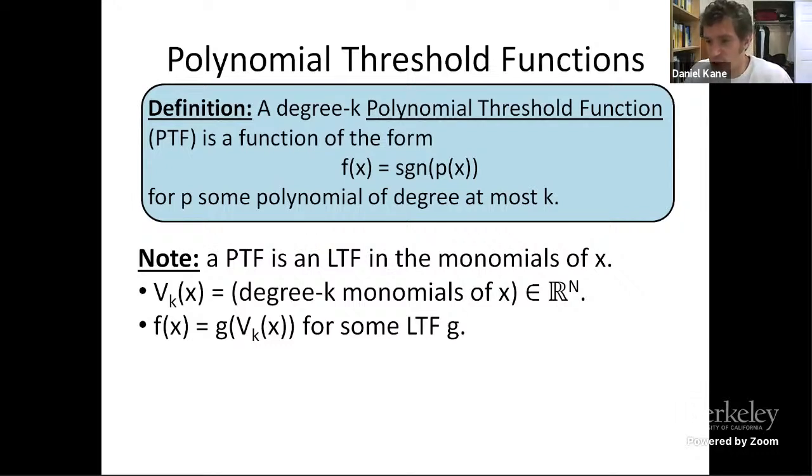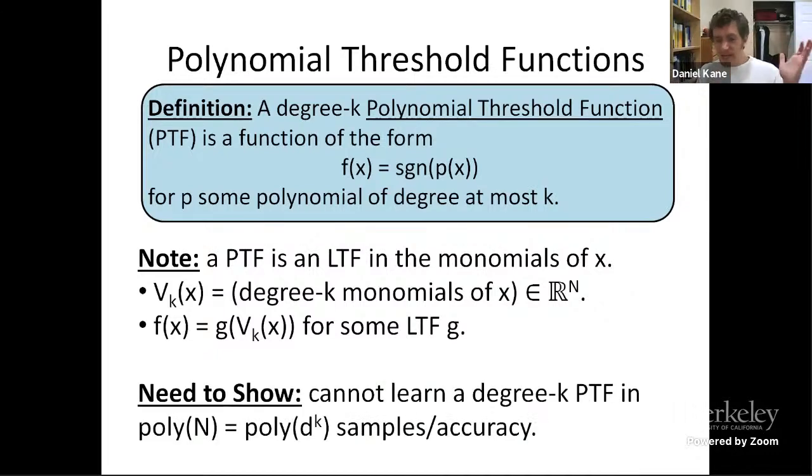And the thing to note is that a polynomial threshold function is just a linear threshold function in the monomials of x. More specifically, if we define v_k of x to be the set of degree k monomials of x in R^n, then f of x is equal to g of v_k of x for some linear threshold function g. And so in particular, if we have some f where it's really hard to learn f, then equivalently there's this linear threshold function g where it's really hard to learn g. So in particular, we need to show that you cannot learn a degree k polynomial threshold function in poly n, polynomial in d to the k samples and accuracy.